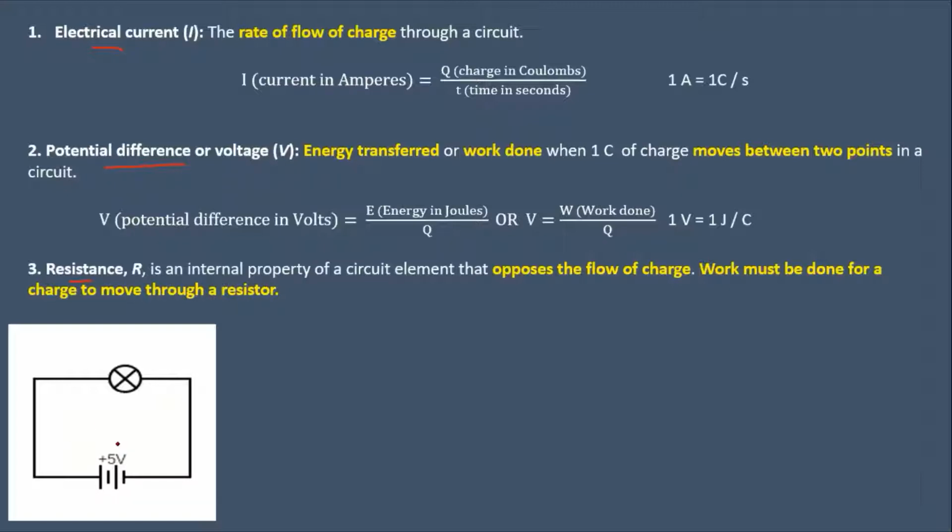Here we have a battery, a 5V battery, and then we have a light bulb. I want you to imagine a normal light bulb in your house. It really does not look like one in my drawing, but that is the light bulb essentially. And then you want to connect this light bulb to a battery.